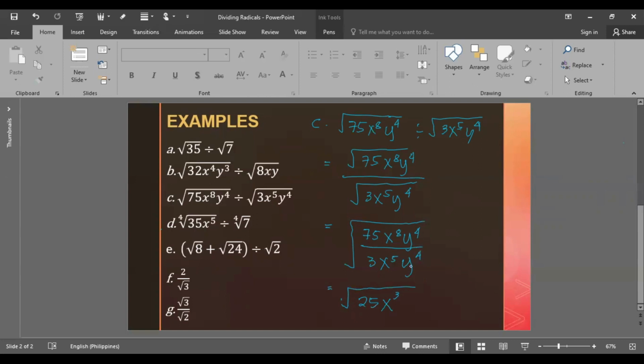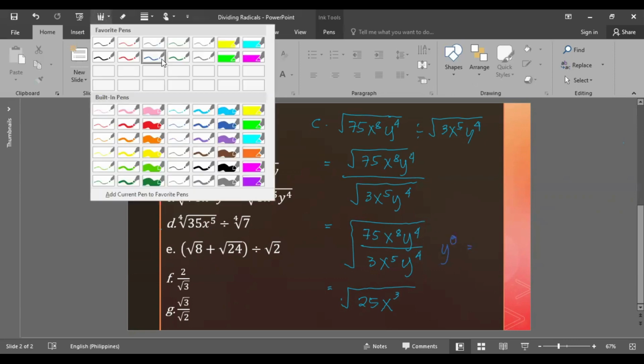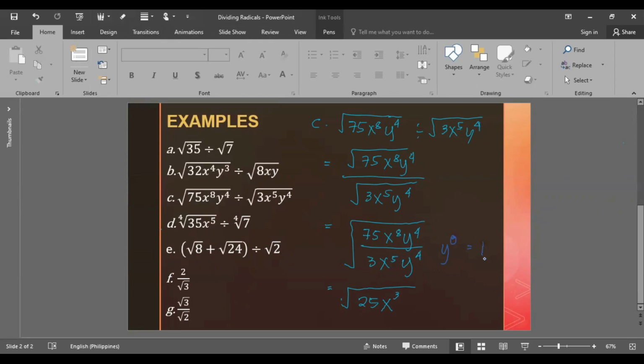And y raised to 4 divided by y raised to 4 is equal to y raised to 0. Or any number when raised to 0 is equal to 1. But there's no need for us to put 1 here. And simplify this. 25 is a perfect square, so as is lang. While x raised to 3 is not a perfect square because its exponent is not divisible by 2, which is the index.